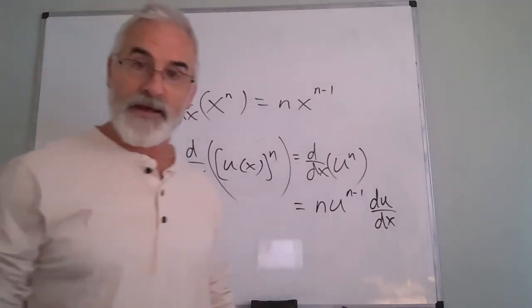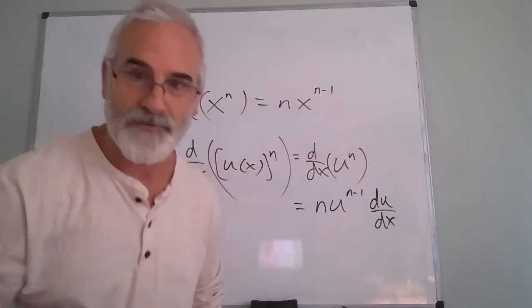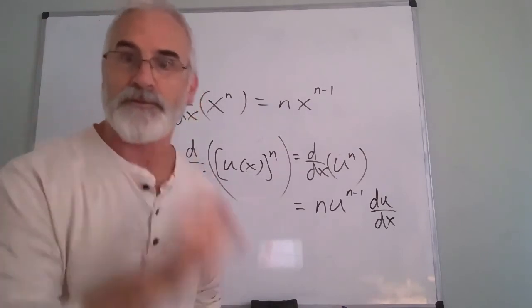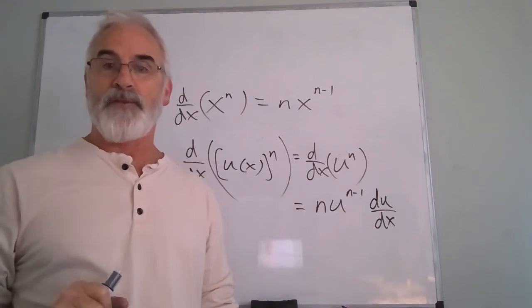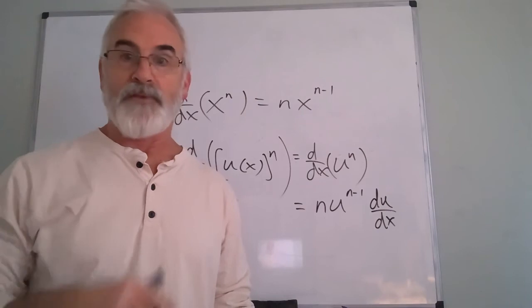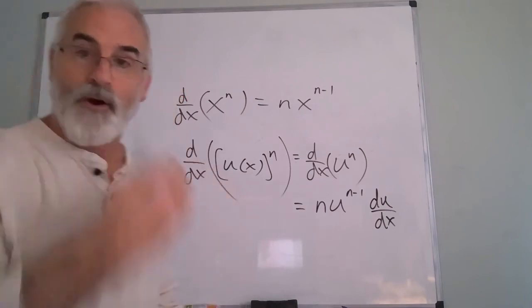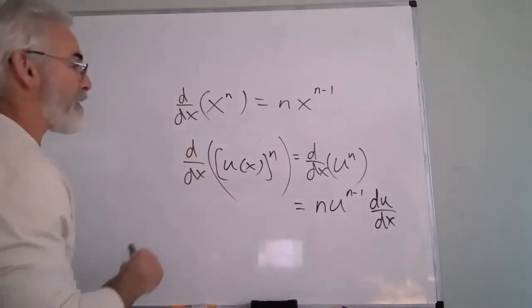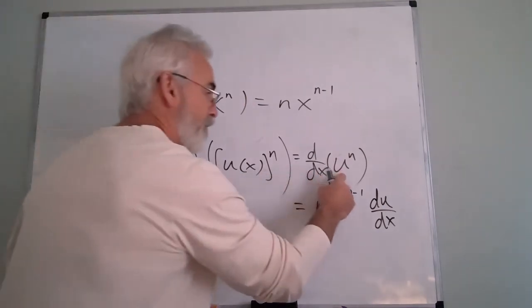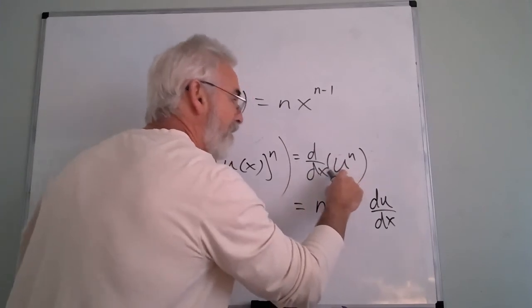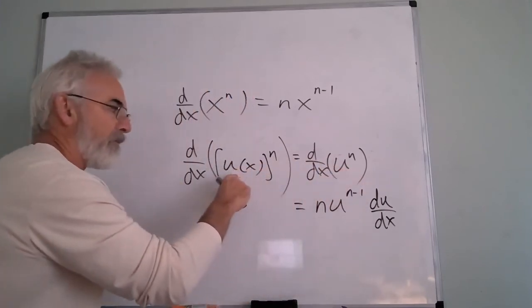Another way of thinking about it is if you see any other letter of the alphabet, any other variable, it has to be a function of x. So if I said, take the derivative of a, b, c, d, e, if I'm differentiating with respect to x, it automatically implies those other letters are functions of x. So whether I write u of x or I write u, this statement says that that variable has to be a function of x. This would be the formal way of writing it. It just requires so many parentheses.